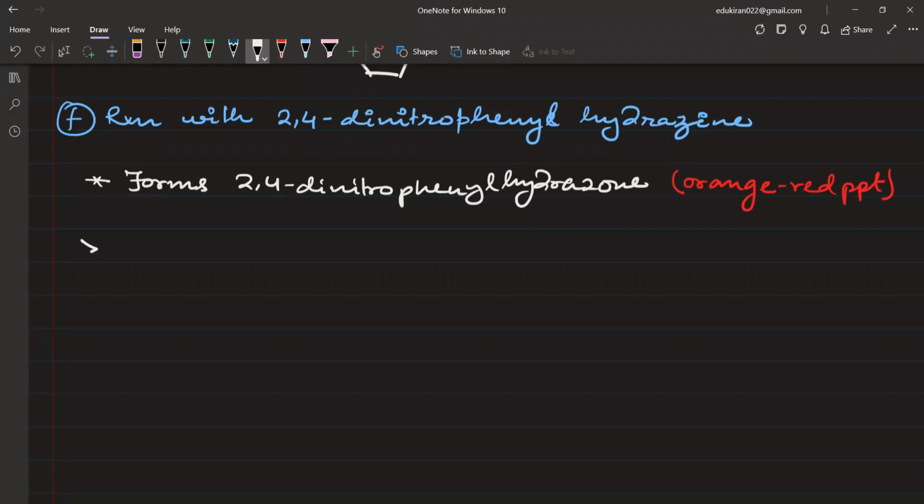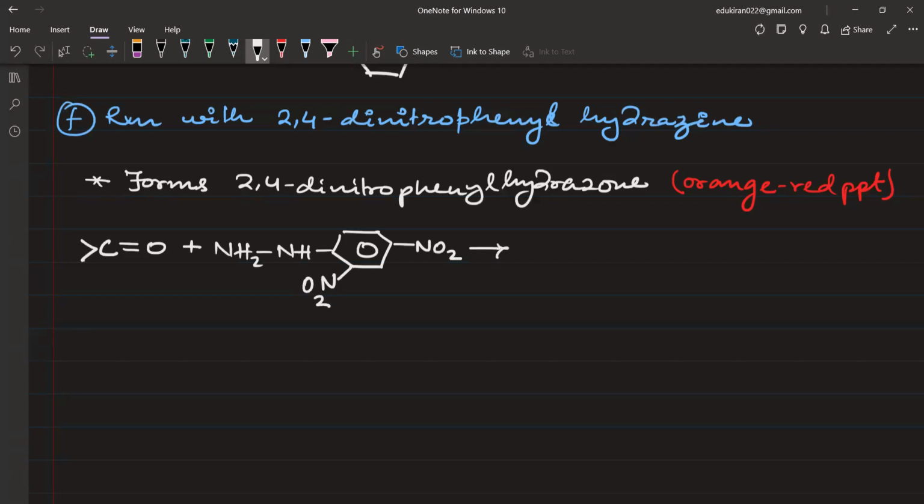So if you have C double bond O plus NH2 NH, with NO2 in the fourth position and NO2 in the second position, this will give you C double bond N followed by NH, phenyl group with the NO2 in the para and in the ortho position.